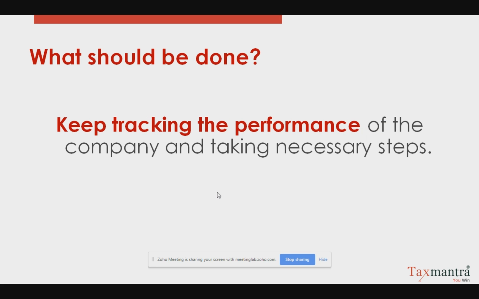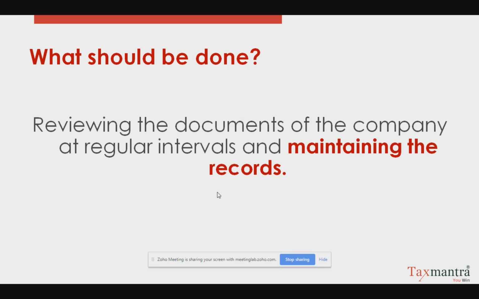This is again on the same line: reviewing the documents of the company at regular intervals and maintaining the records. On the last point we discussed that you should sit on it and see if there is anything wrong. This one is about reviewing the documents. So when you sit down to look at how the company has been performing, you should also review the documents at the same time so that you can maintain the records.